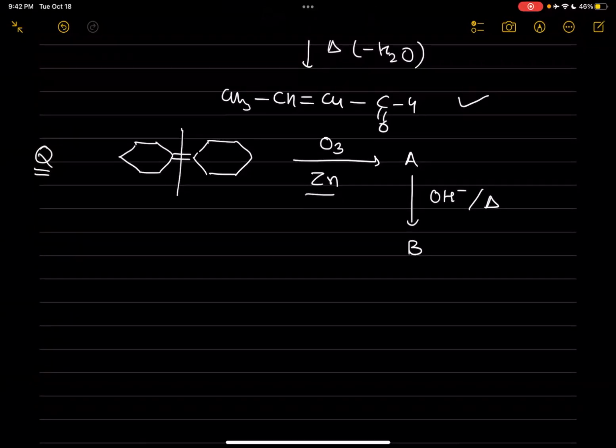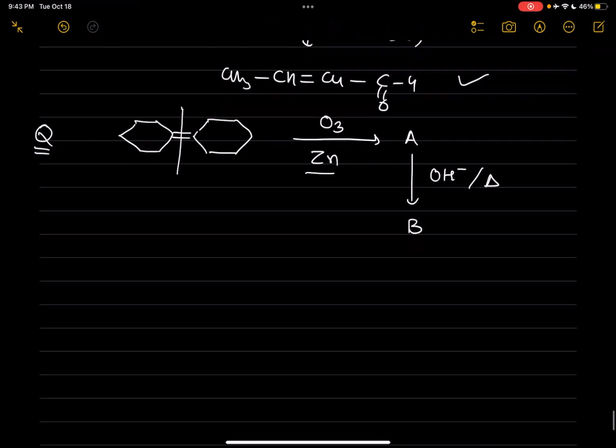In oxidative ozonolysis, if some of the molecules form aldehyde, they only get affected in the oxidative ozonolysis. They form carboxylic acid.